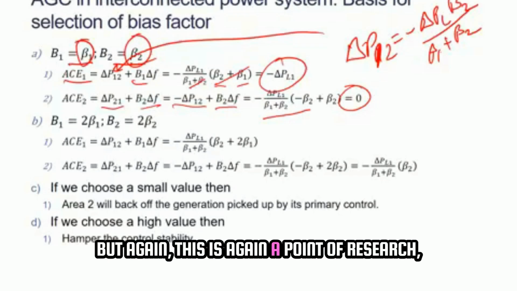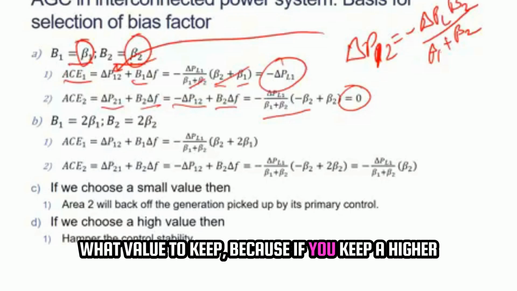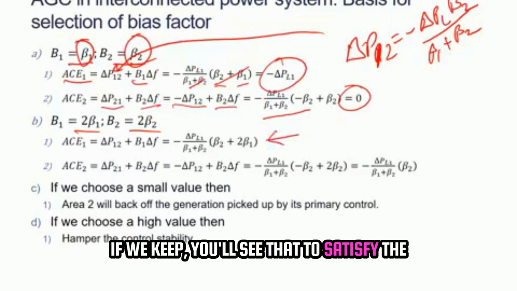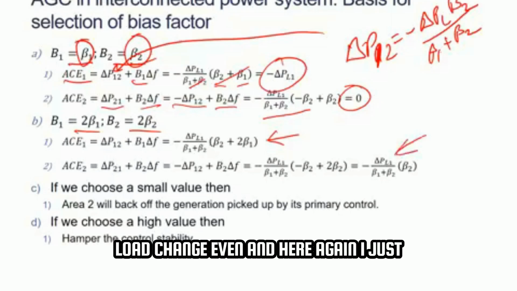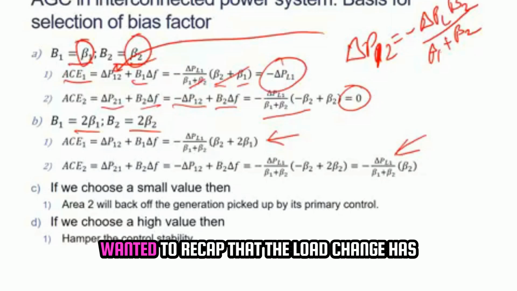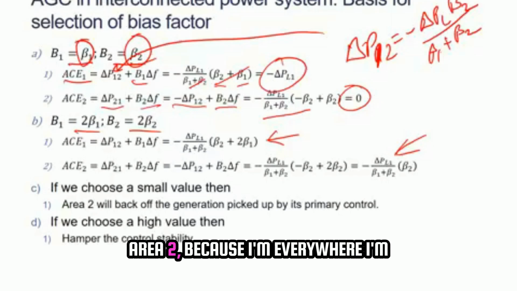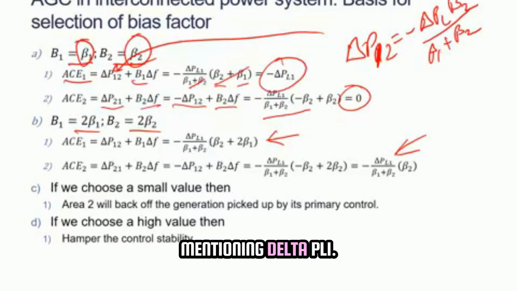But again, this is a point of research, what value to keep. If you keep a higher value, let's say 2 beta 1 and 2 beta 2, you'll see that to satisfy the load change, even the area 2 is participating, apart from area 1. And here I just wanted to recap that the load change has only happened in area 1 and not in area 2, because everywhere I'm mentioning delta PL1.